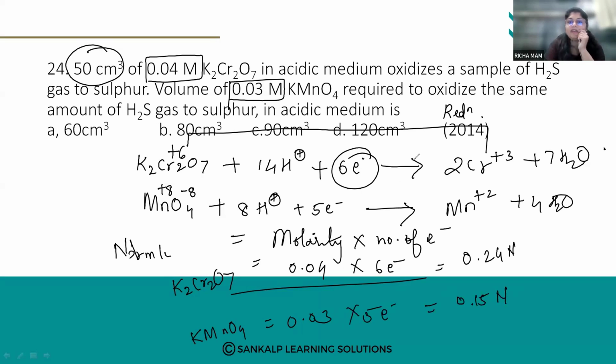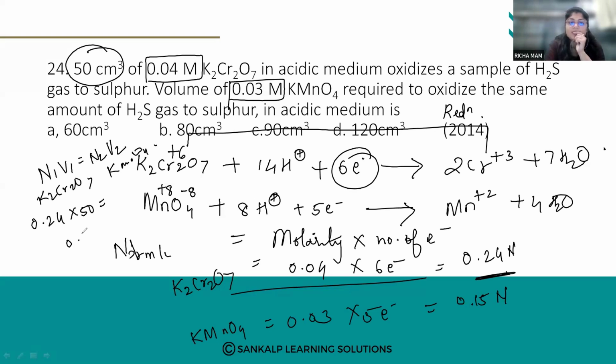So we have got the normality. Now we have to find the volume. We know the formula, right? N1V1 equals N2V2, for K2Cr2O7 and KMnO4. For K2Cr2O7, the normality is 0.24 and the volume is 50 ml, equal to KMnO4 with normality 0.15.